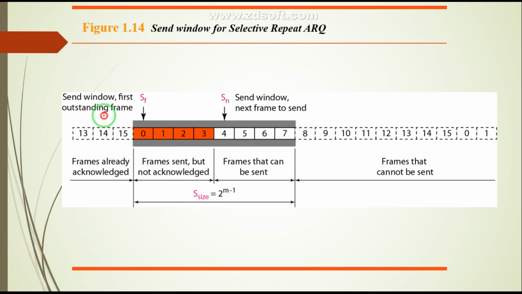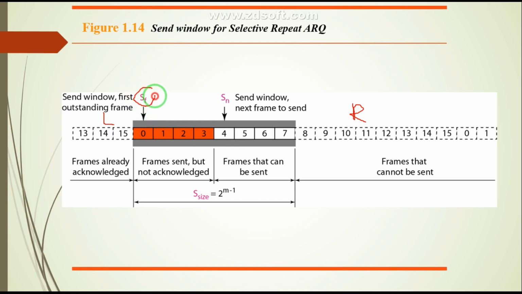Now, the left side of this window indicates the frames already acknowledged, so you can purge those frames. The right side of this window tells you these are the frames that can't be sent until the window slides over them. And this window again has three variables.